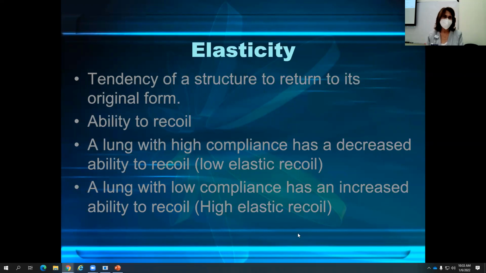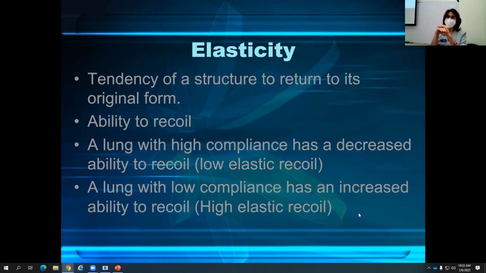And then the next example is the last bullet. A lung with low compliance has an increased ability to recoil, has high elastic recoil. Let me explain that. Having really stiff lungs, the ventilator has to push really hard to try to get some air into these stiff lungs.